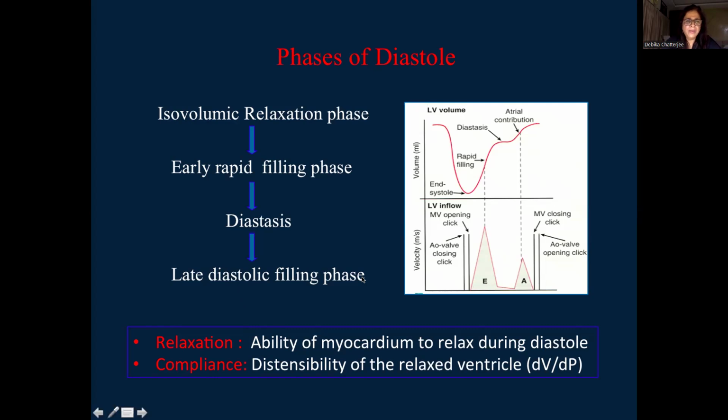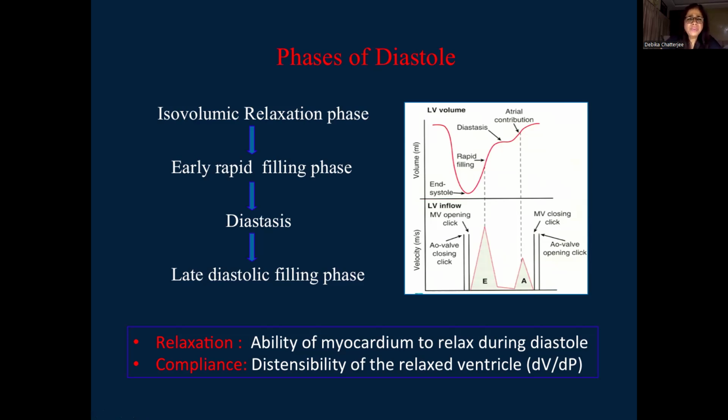It is due to the left atrial pump, and we get a relatively smaller wave than the E wave, because the amount of blood is less, only 20% normally. So the A wave is due to the late diastolic filling phase. And as the 20% of the blood is gone, the mitral valve closes and diastole ends.